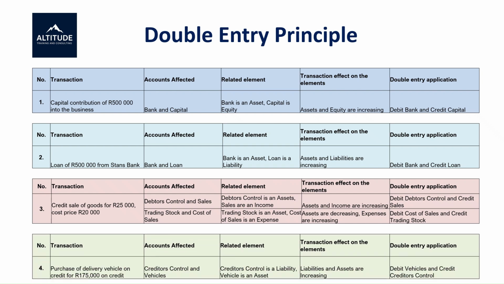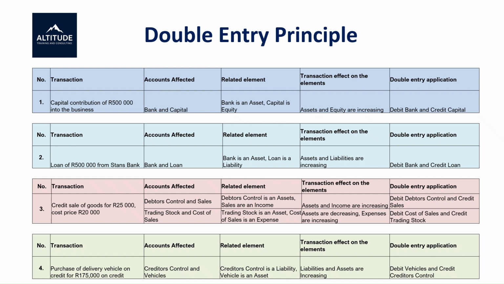The next transaction we are going to look at is the purchase of a delivery vehicle on credit for 175,000. The accounts that are affected are the creditors control and vehicles. The related elements: creditors control is a liability and the vehicle is an asset.